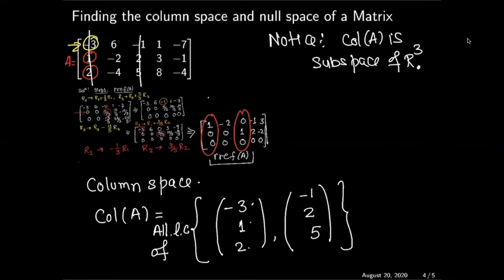Since the column space is in R3 and this one has two vectors, it means in R3, any linear combination of two vectors will be a plane. So this is a plane in R3. That is our column space. Geometrically, it is a plane in R3.